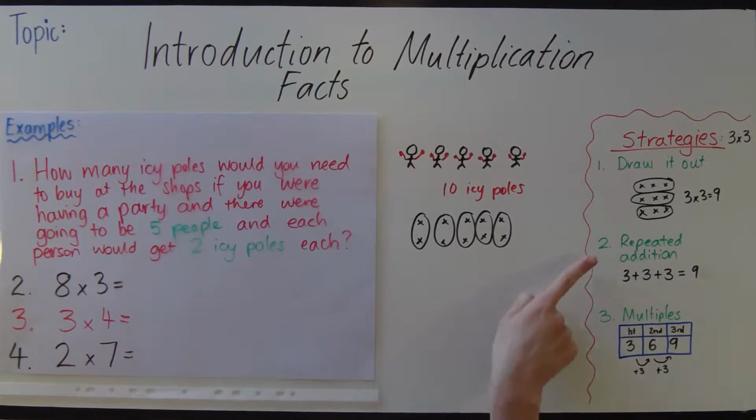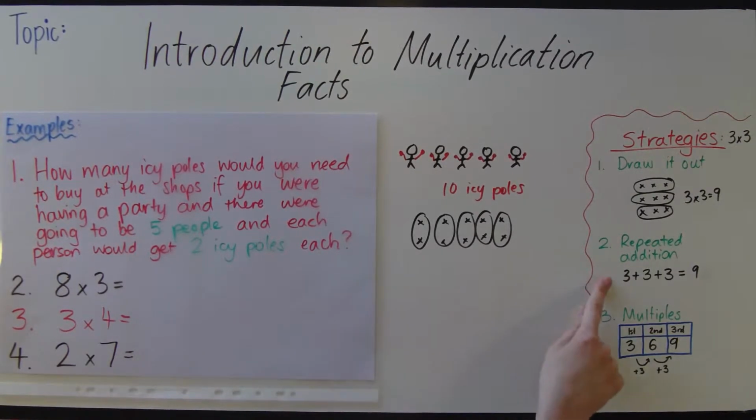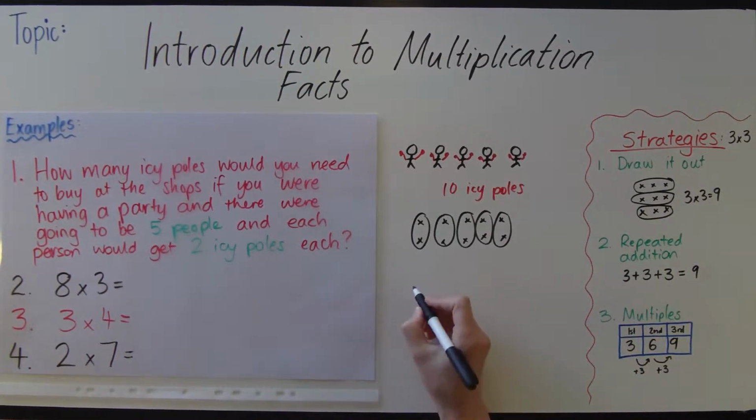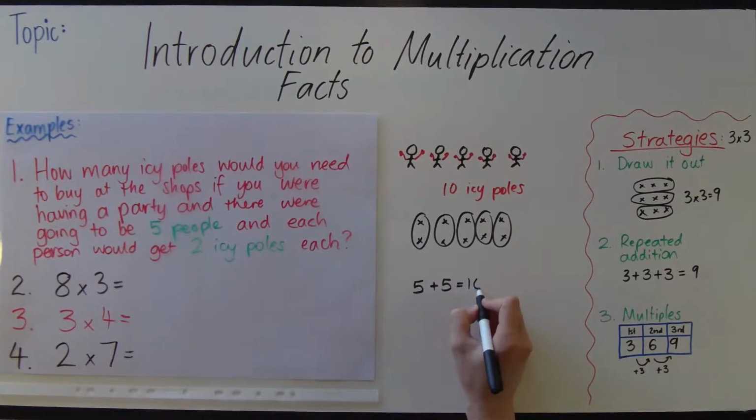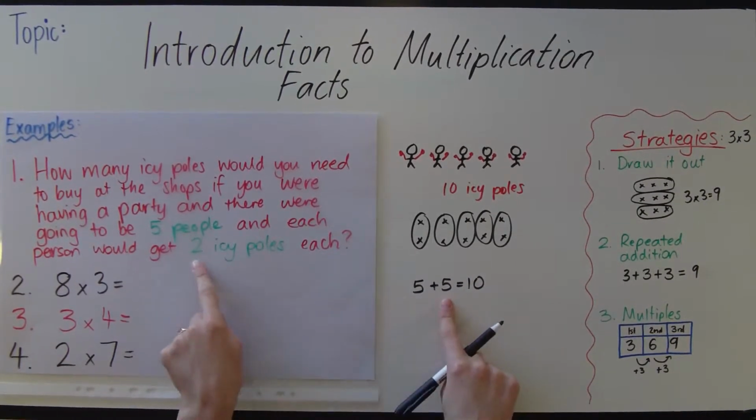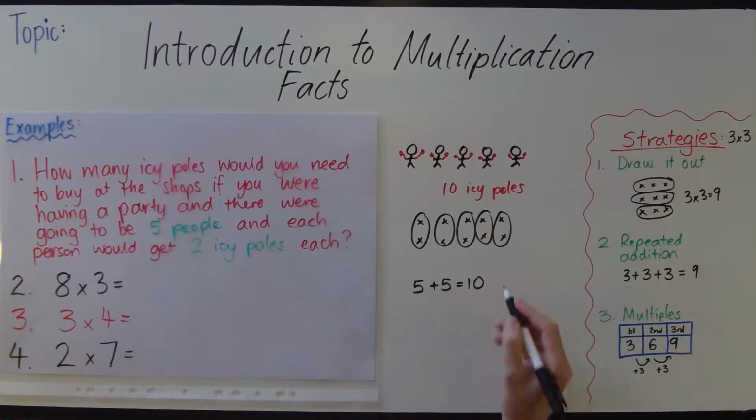Another strategy you can use is repeated addition when working out these sorts of questions. At the beginning stages of multiplication facts, we have basically 5 plus 5 equals 10 because there are 2 lots of 5.